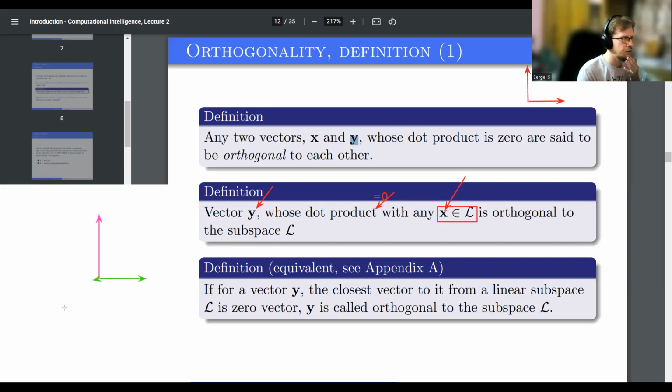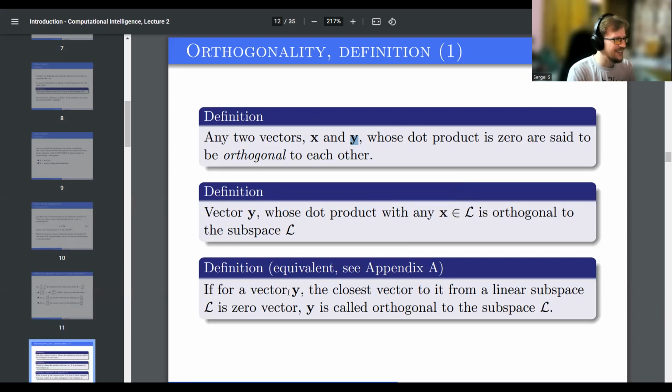Okay, so any vector on this plane would be orthogonal to the pink vector, right? All those vectors on the plane are orthogonal to the pink vector. So the pink vector, you can say it is orthogonal to the whole horizontal plane. That is an example.